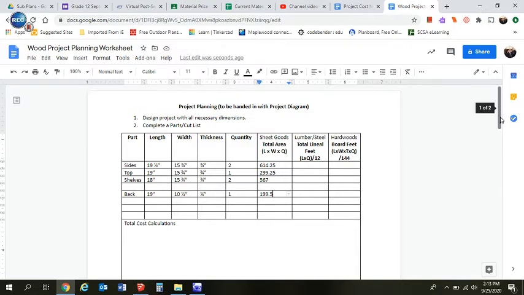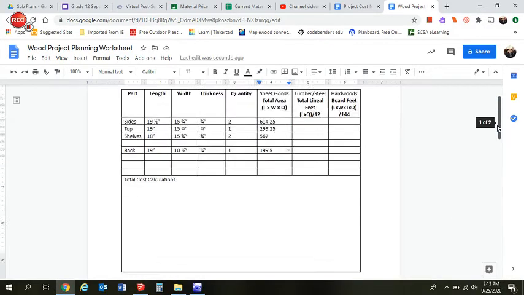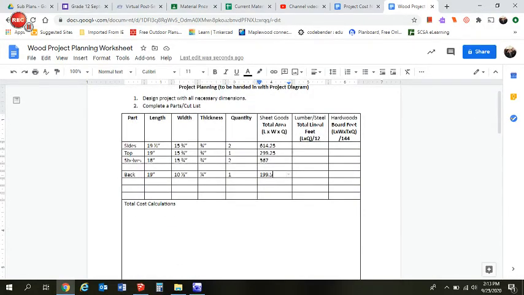Well, at the bottom of your page, I've given you some instructions. So for sheet goods, we add the total square inches of the same thickness of sheet material together. What that's saying is that these are the same thickness, the 3/4, so we're going to add those all together. Down in my notes, I'm going to put 3/4 inch equals, and we're going to add those amounts all up.